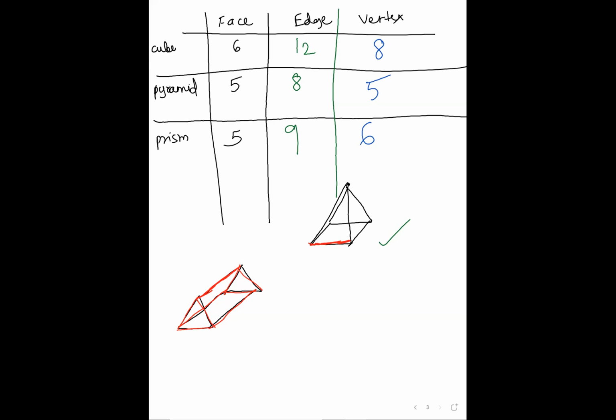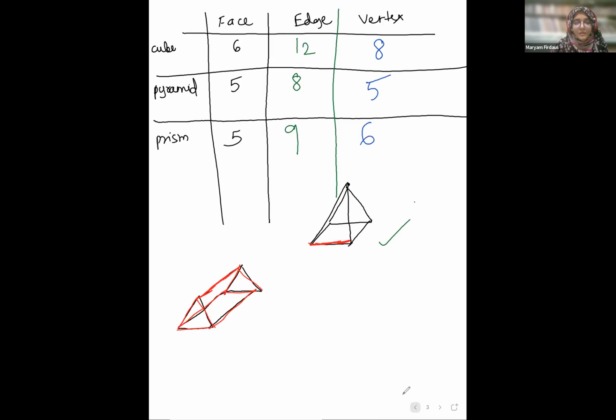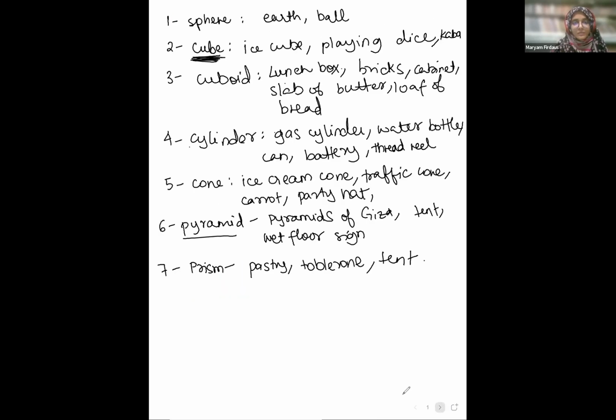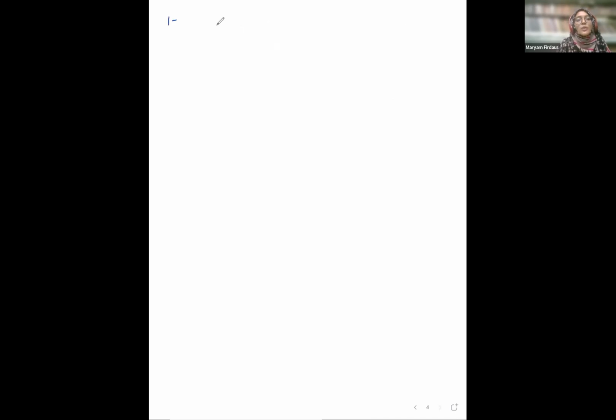So I'm going to give you some homework, some activities to do. Your first activity is, you have to take any type of box that's lying around, a cardboard box, something like a packaging of any material.